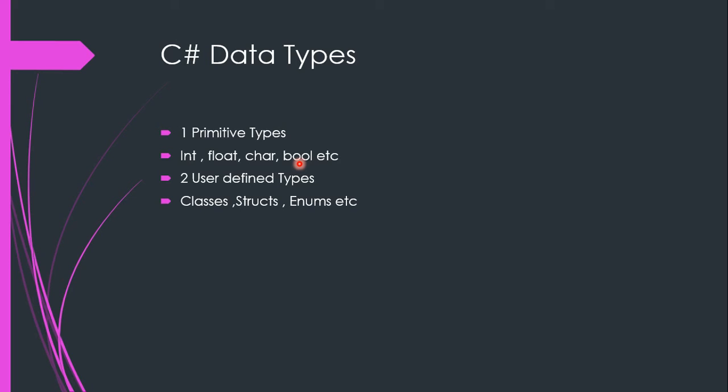Besides the primitive data types, C# may contain user-defined types. And what are user-defined types? A user can create their own required data types in C# in the form of classes, in the form of structures or structs, and in the form of enumerations or enums.